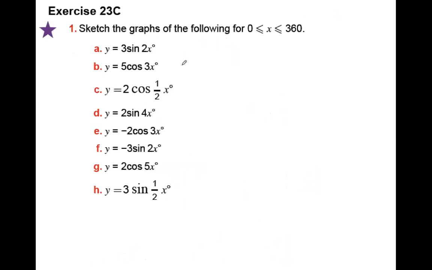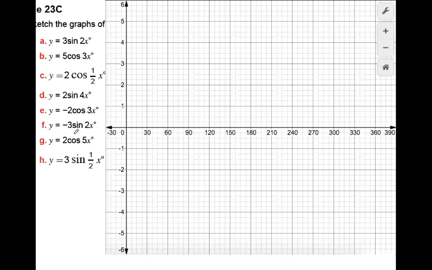For this one, sketch those graphs, and they tell you to sketch it from 0 to 360. So let's sketch one in the middle, for example D. First thing, I've got 4x, so I need to put 4 of my sine x within 360. 360 divided by 4 is 90.